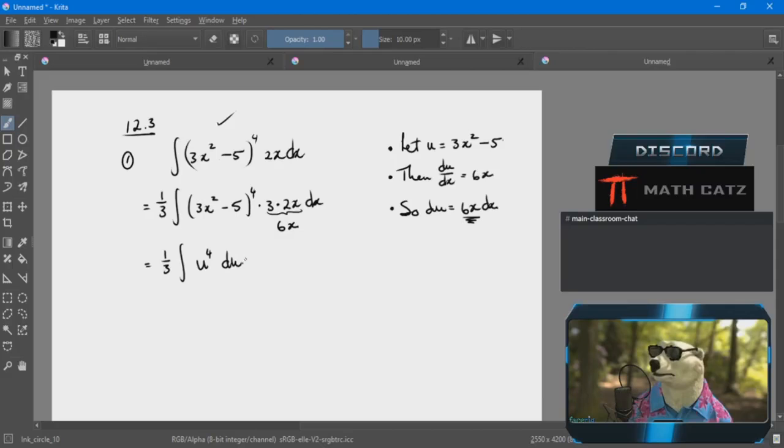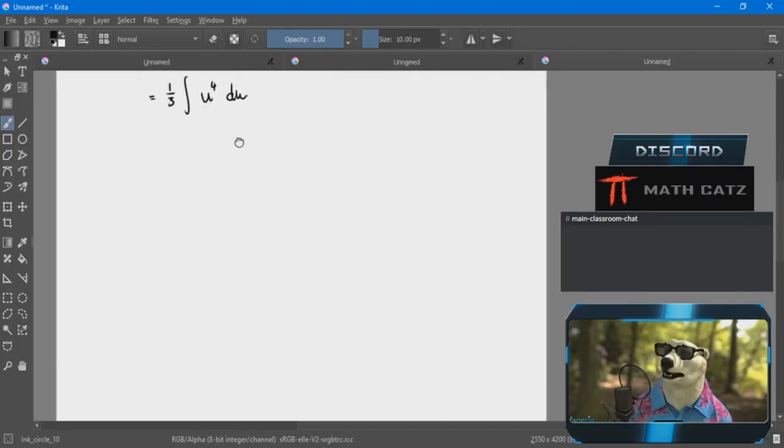Now, when I look at this, I do not see anything else. It's as if this is a brand new antiderivative question. So when I do that, the 1/3 stays in front. It's reversing the power rule. So it's going to be u to the 5 with a 1/5 correction, of course, plus c.